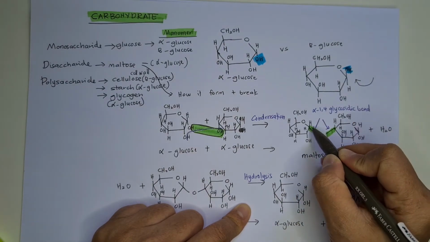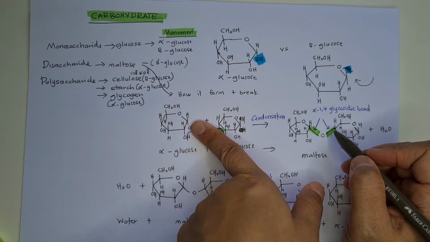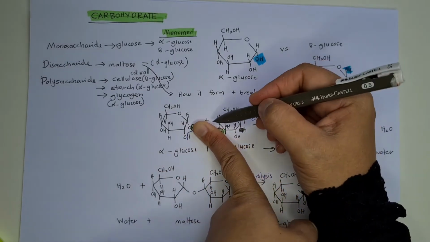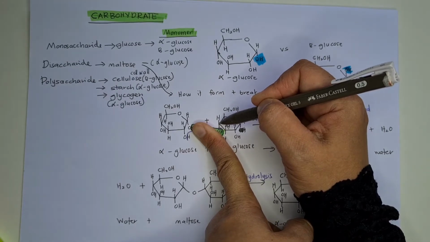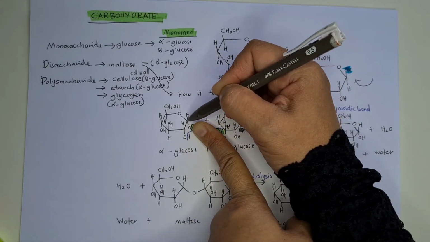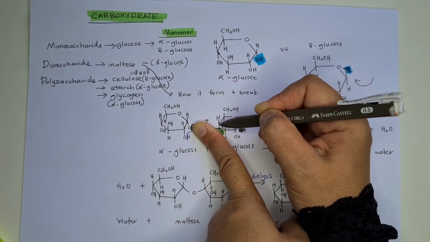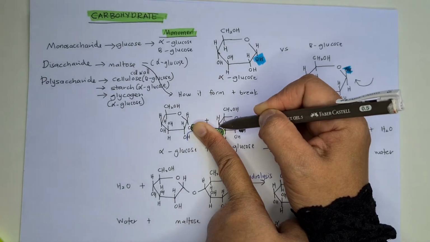Dan dihubungkan dengan bond, okay, sebabkan dah hilang tadi 2H dan 1O. So kita cuma perlu combine line garis daripada carbon number 4 kat sini, okay, dengan carbon number 1 kat sini. Carbon number 1 ni tinggal oksigen, carbon number 4 kat sini cuma tinggal bond saja, tak ada atom.